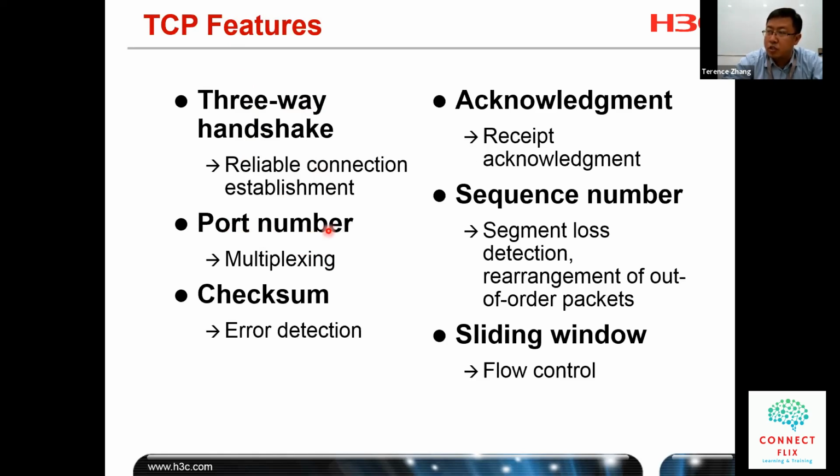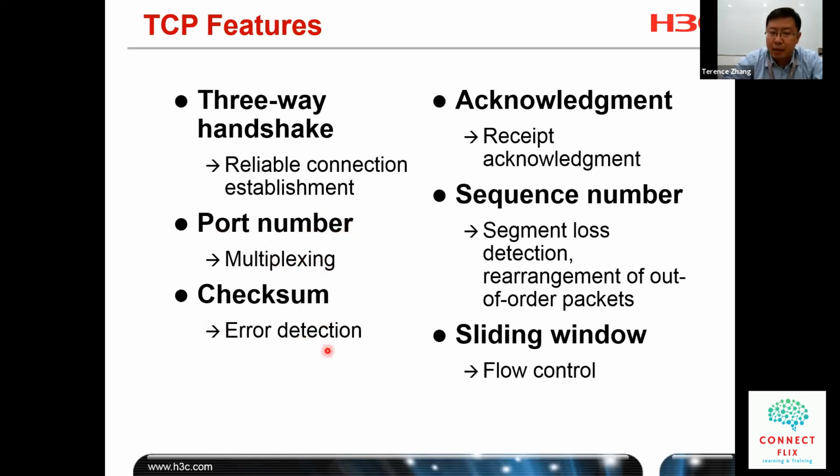Here, application means TCP/IP application. Let's take a look at the next picture. Because they have different port numbers, TCP could recognize different applications. That means multiplexing, right?